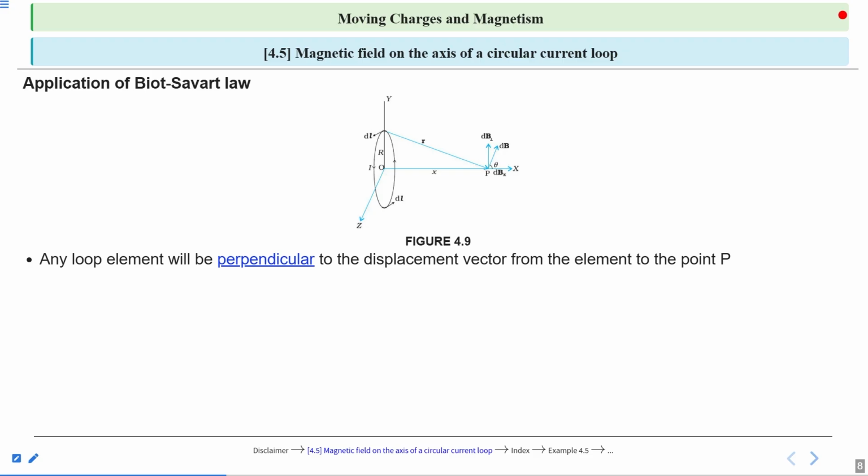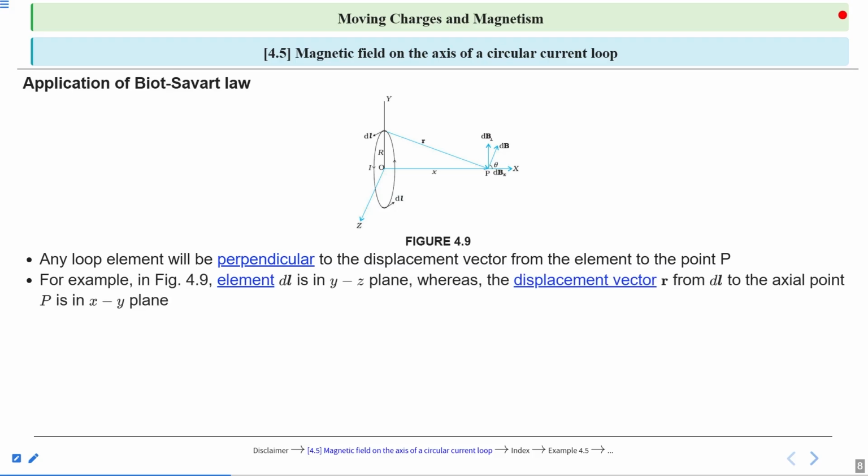So any loop element will be perpendicular to the displacement vector from the element to the point P. Got it? So the angle between dl and r is 90 degrees. So for example, in figure 4.9, element dl is in the YZ plane, whereas the displacement vector r from dl to the point P is in the XY plane.